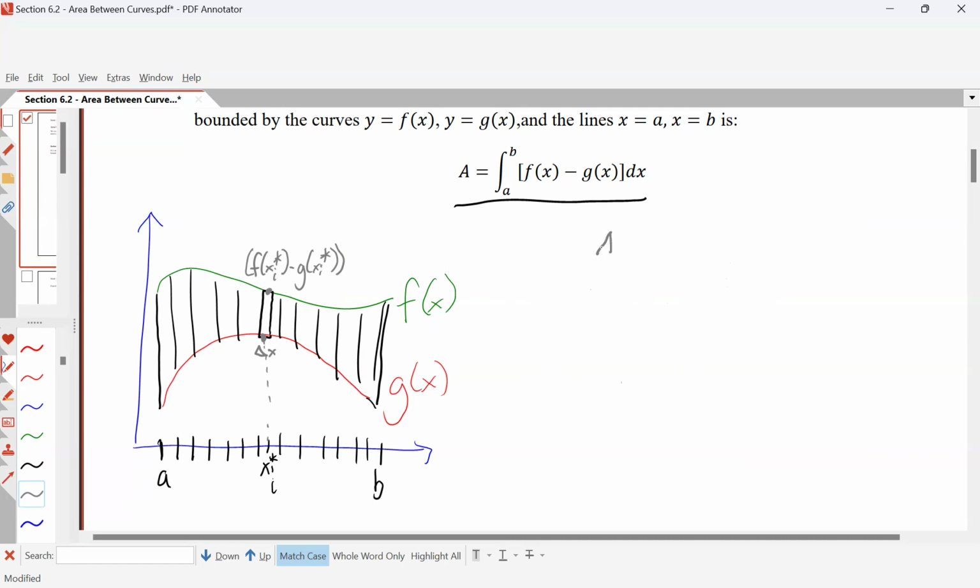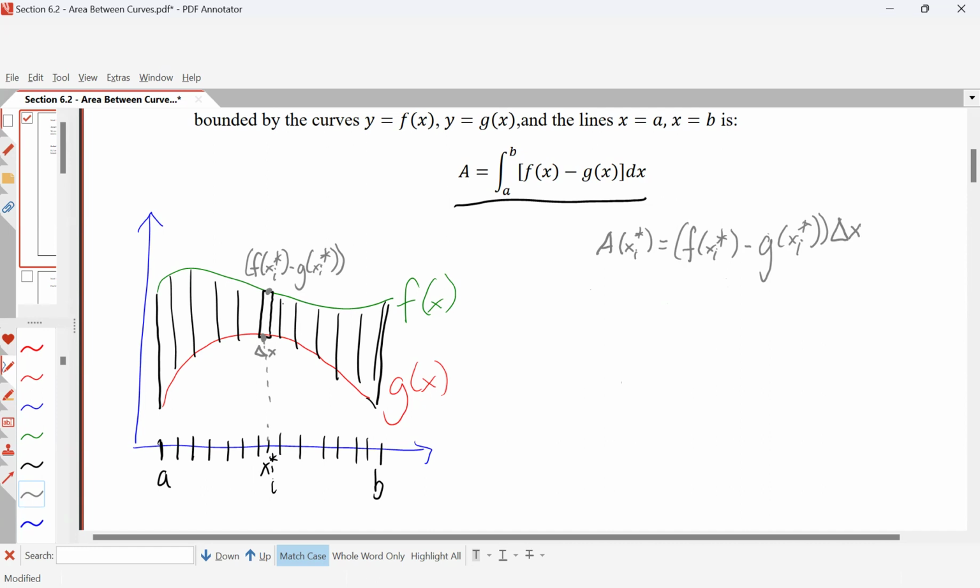And so the area at x i star is equal to just what I said, that height being the upper function at x i star minus the lower function g of x i star, times that little bitty distance delta x.